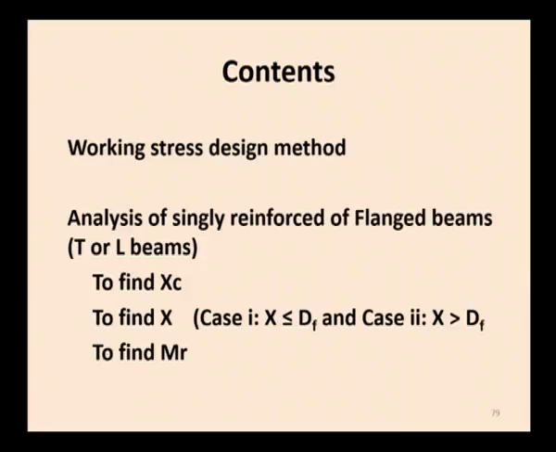As I have already explained, T beams are called the intermediate beams of the hall and L beams are called the edge beams. And how to analyze these flanged beams using the working stress method.